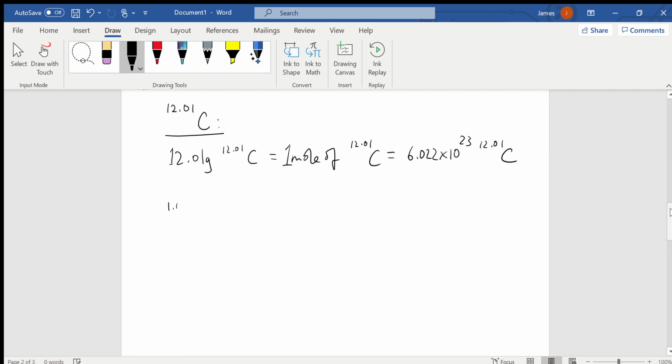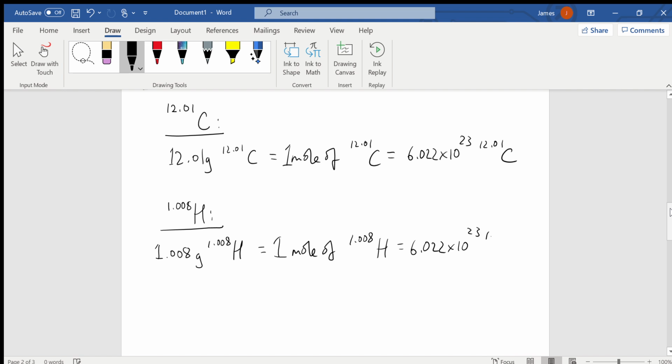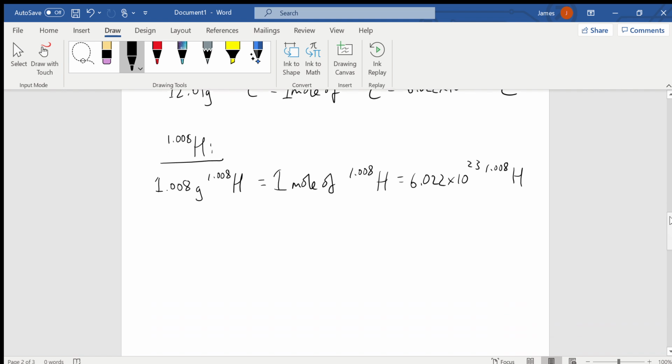If we look at 1.008 hydrogen, then 1.008 grams of 1.008 hydrogen is 1 mole of 1.008 hydrogen, which is Avogadro's number of 1.008 hydrogen.